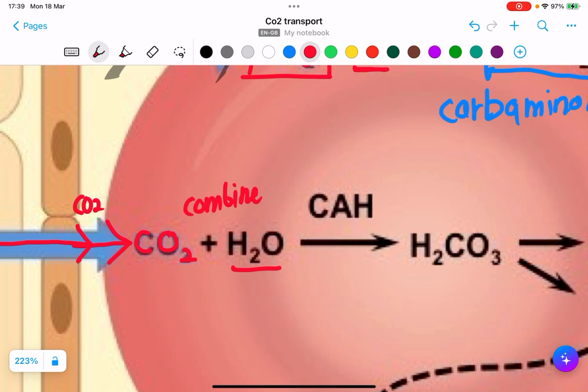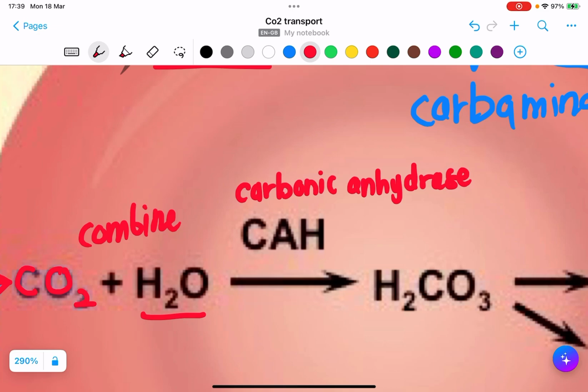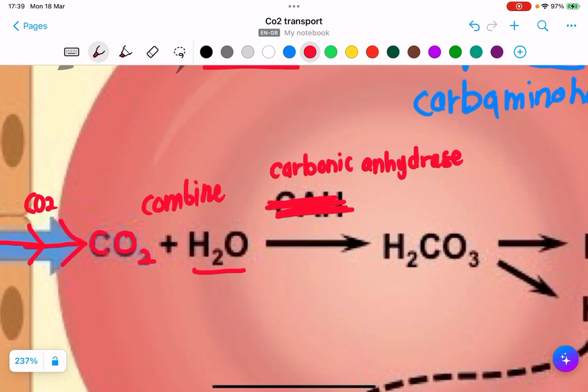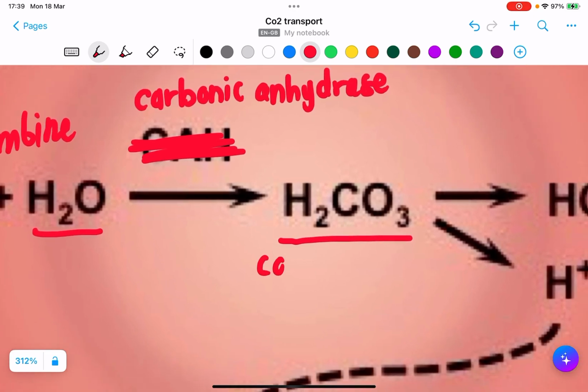So combine dengan water, catalyzed by enzyme carbonic anhydrase. Carbonic anhydrase. So tak boleh pakai CAH, tak boleh. So combination of CO2 dengan H2O combine, catalyzed by enzyme carbonic anhydrase. This will produce H2CO3 atau juga dikenali sebagai carbonic acid.